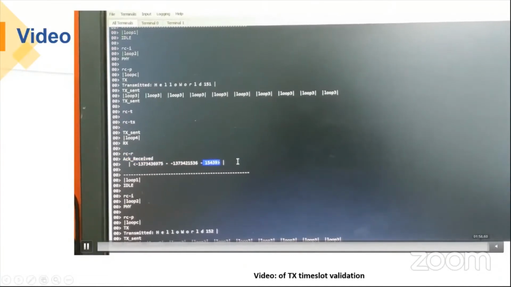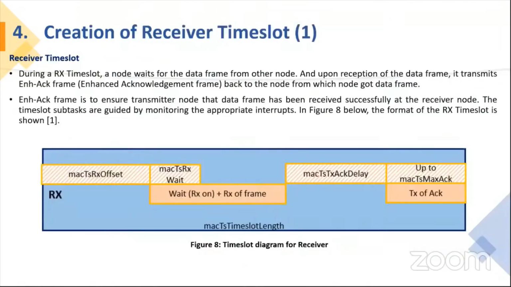Great. This is on the receiver side. The standard says you should have MAC TSRX offset plus some time, which is MAC TSRX wait. Then you wait for RX on. You have to wait for the frame. There is some delay, some offset, that is this offset time.